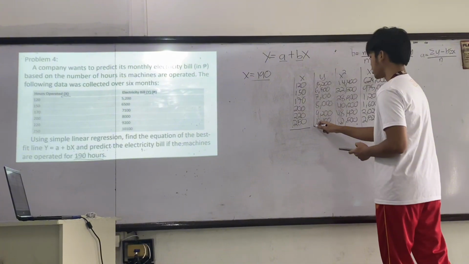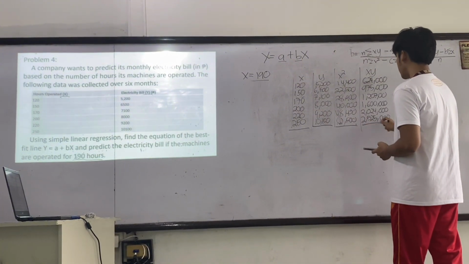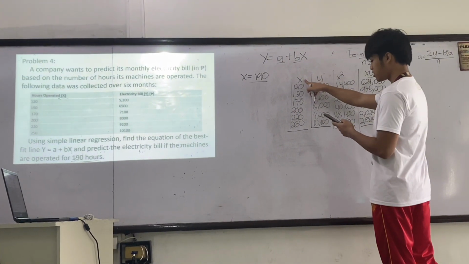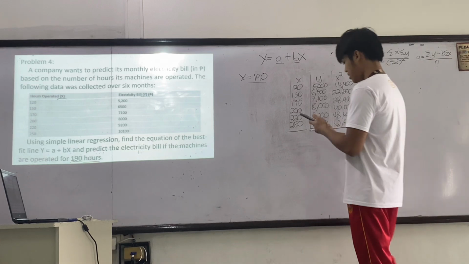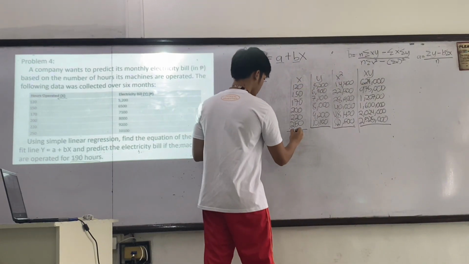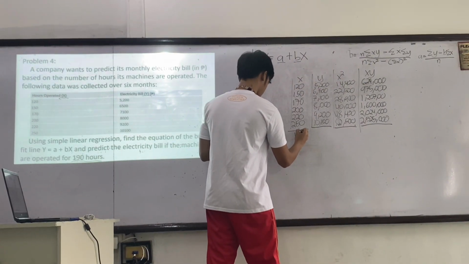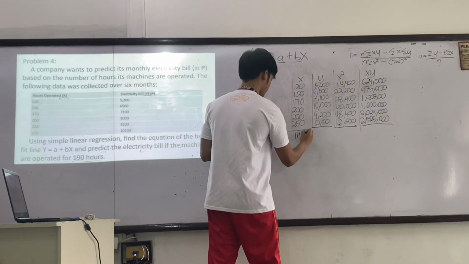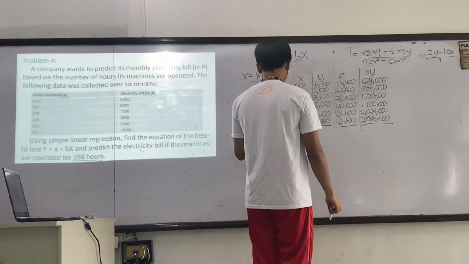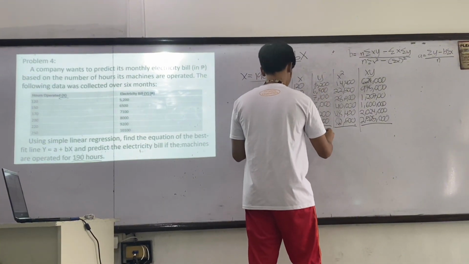So let us first get the summation of each values. So the summation of X is equal to 1,110, while the summation of Y is 46,100.